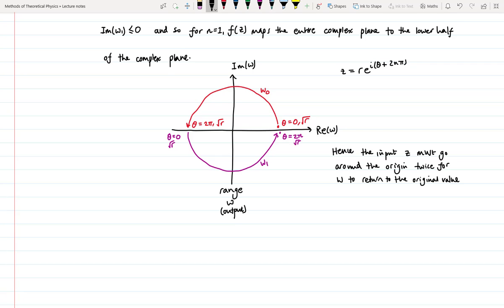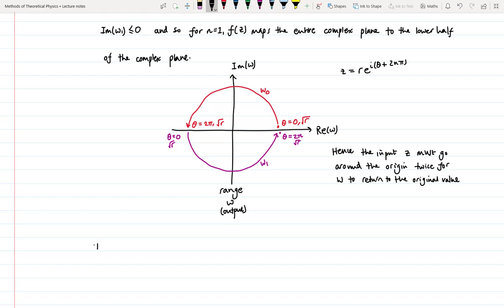Theta plus 2n pi has changed from 0 to 4 pi, and so taking into account the factor of 1/2 in our definition of the square root, w has changed by a factor of e to the 2 pi I. In other words, it has returned to its original value.